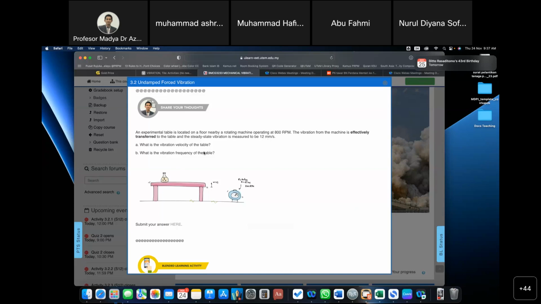Okay, so what is the vibration frequency of the table? Remember, the table is vibrated because of the rotating machine. The vibration from the rotating machine is transferred to the table, so the table will vibrate because of the machine.